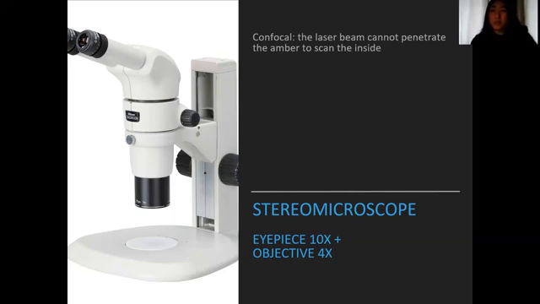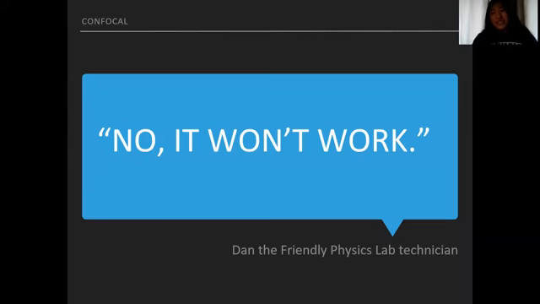I actually consulted Dan about this. Dan is one of the people in charge of the physics lab, and he's also the person who fixed the confocal microscope at the beginning of the semester. And he said, no, it's not going to work.